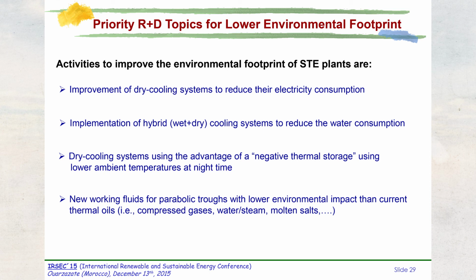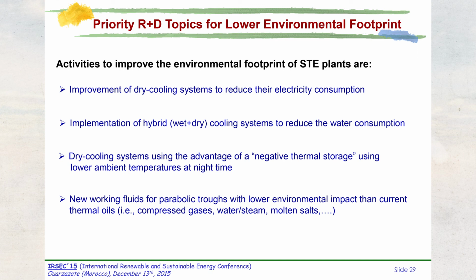We could store the cold temperatures at night, cooling down a medium, and this cold medium can be used during solar time to condense the steam coming out of the turbine. So we store cold energy at night to use it for the cooling system during sunlight hours.